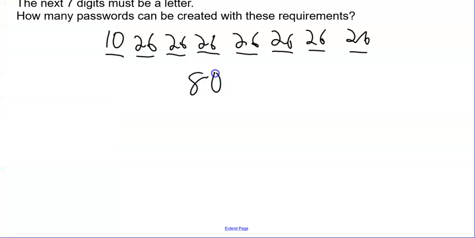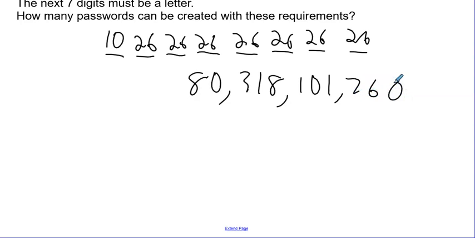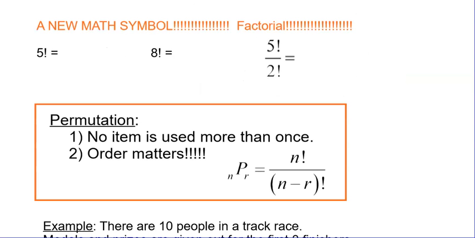So that's 80,318,000,000, that's an extra 1,101,760 different 8-digit codes. It's a lot.